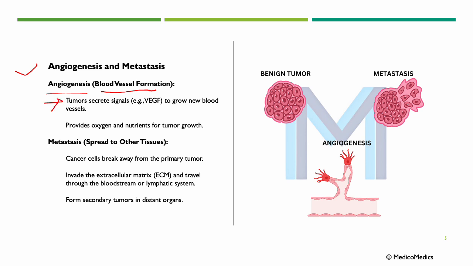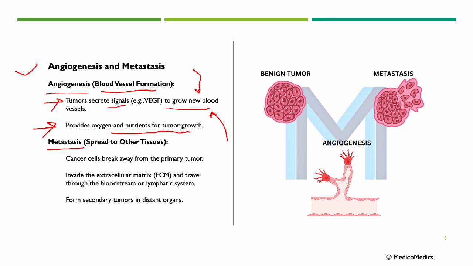Now these tumors that are growing secrete signals, and these signals ask essentially for new blood vessels to grow because it needs oxygen and nutrients to keep growing. Now it sounds like a nice thing, something growing and supplying itself to grow. But we're talking about a tumor, right?